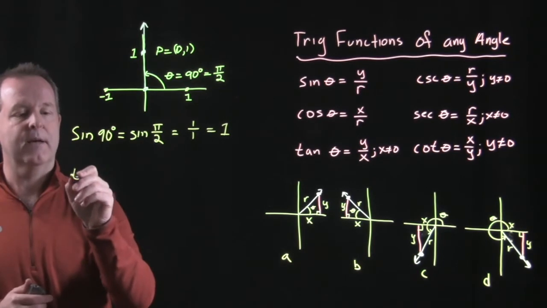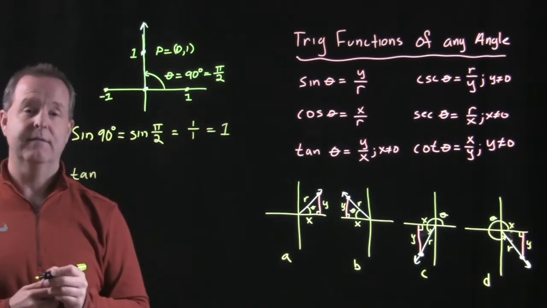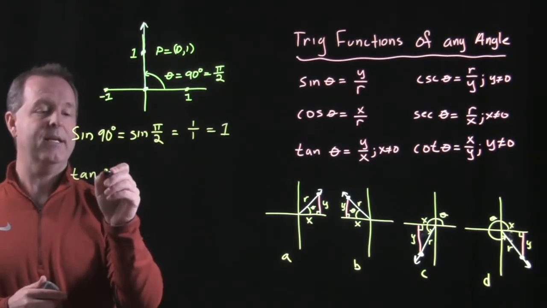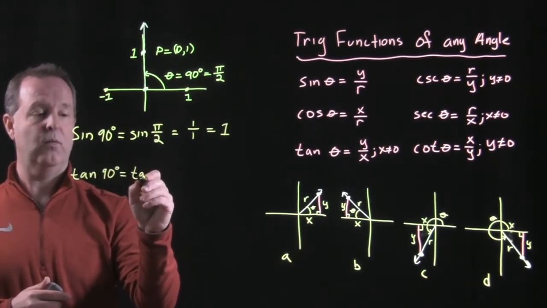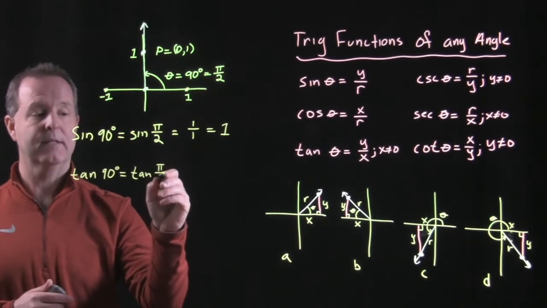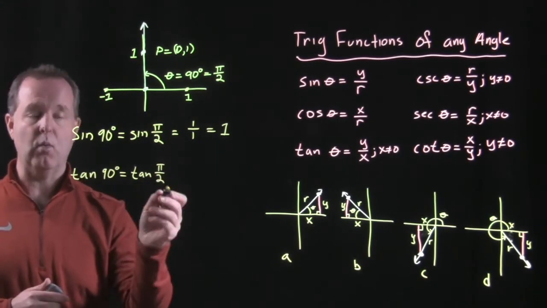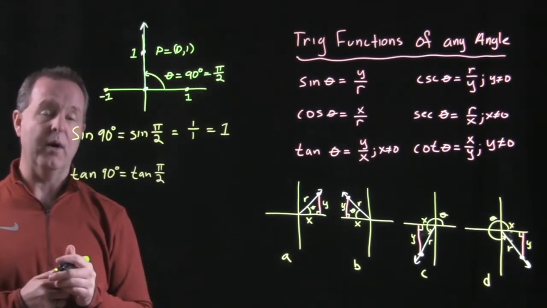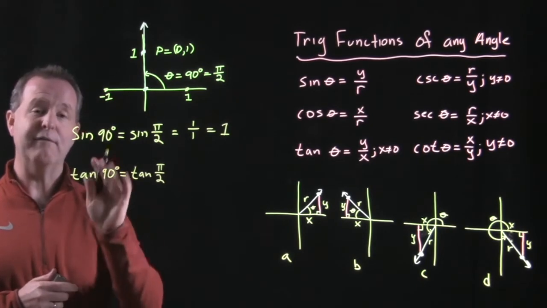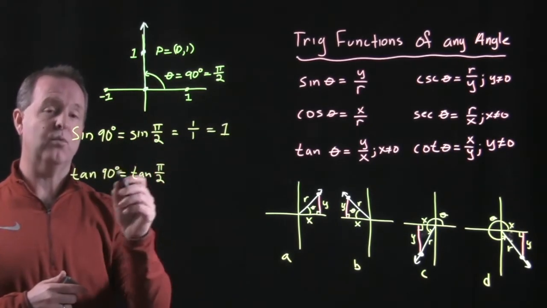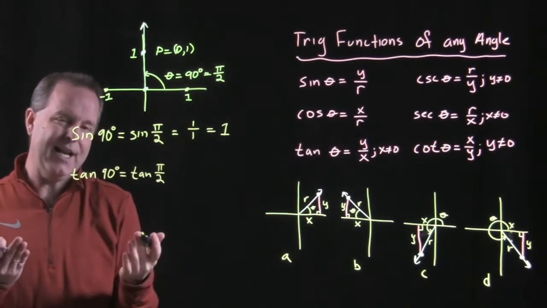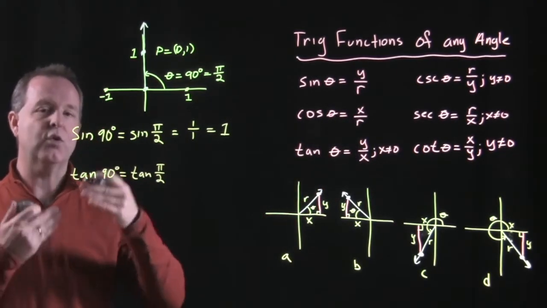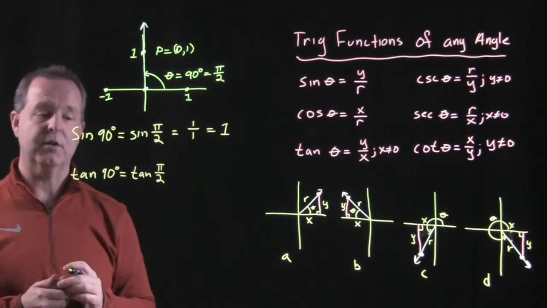Then again, as a comparison, let's look at the tangent function. The tangent at 90 degrees, or it can be written as the tangent at pi halves, again from degree world or radian world. We want to know what is the ratio of those two lengths. What's the ratio of my y versus my x? That's what tangent means. Same thing with sine. Sine's a ratio of two sides of a triangle.